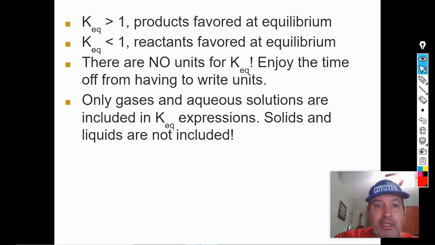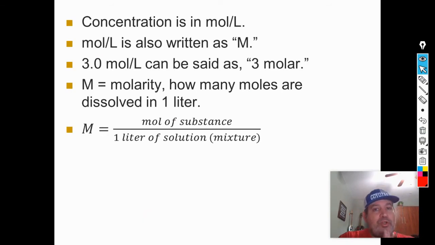Okay, so real quick on concentration, and I'm posting another video, if I haven't already, from Bozeman on solutions, and we don't want to skip over solutions before we talk about this. So definitely watch that video if you struggle with this concept of moles per liter. In chemistry, we use moles per liter for concentration, and concentration really is how much stuff is packed in a certain amount of space.